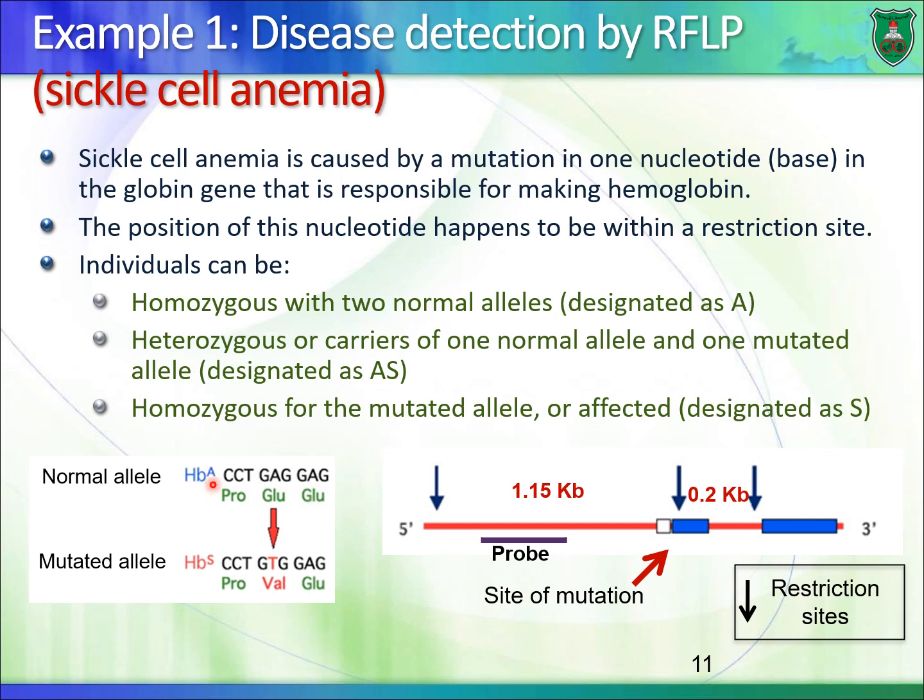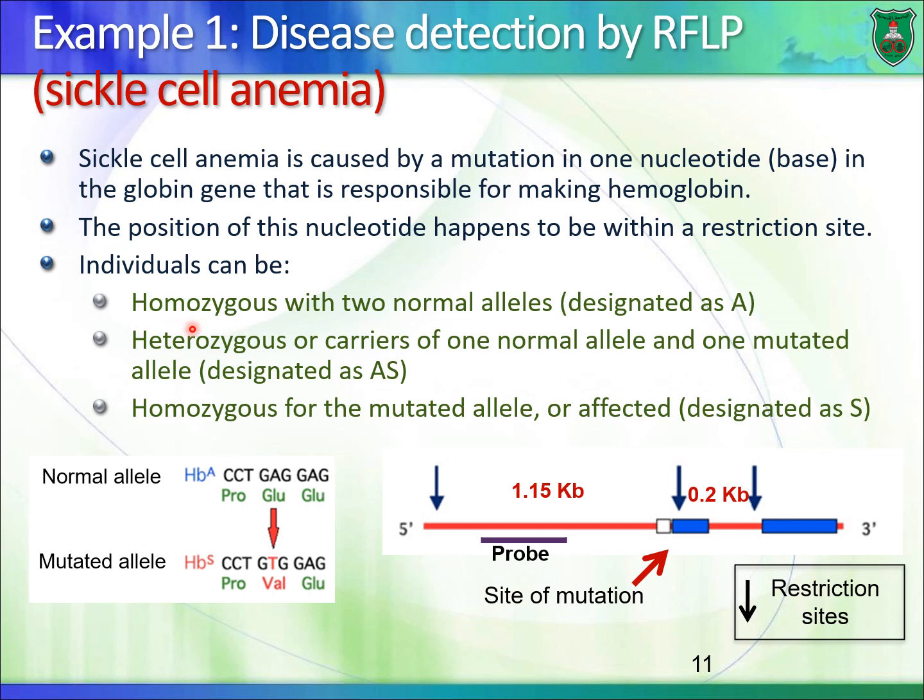And a carrier would have one allele being GAG, normal, and the other allele having the mutation, a sequence of GTG. And it's symbolized as HBS, S for sickled hemoglobin. Okay, so hemoglobin, by the way, is the oxygen carrier in our blood. Okay, so these are the possibilities.